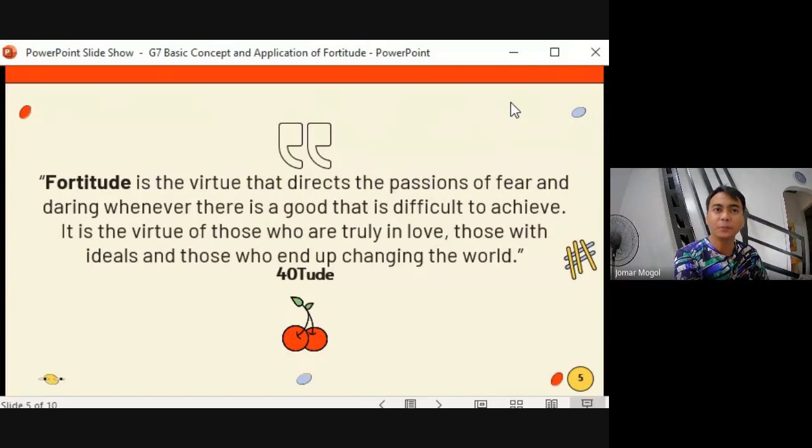Pero naisip nyo ba na yung mga parents natin, yung mga magulang natin, yung mga nanay at tatay natin, also yung mga kapatid natin na nagtatrabaho, talagang nagsusumikap sila para malampasan yung pagsubok natin sa pang-araw-araw na buhay. Bakit? Nagiging matatag sila, yes, napapagod din tayo.